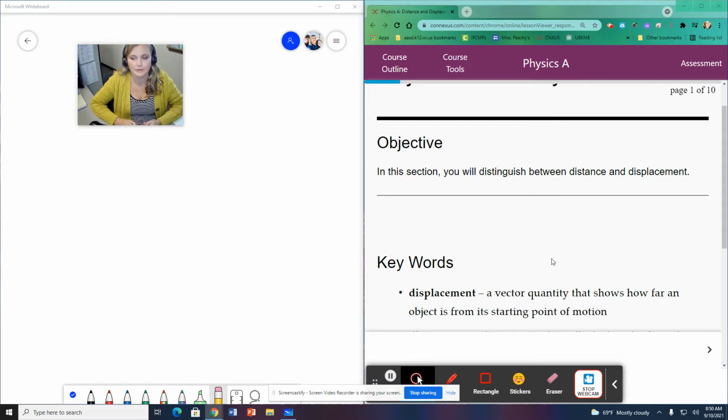This is pretty important going forward because we're going to be starting kinematics, which is kind of a study of an object's position in space.